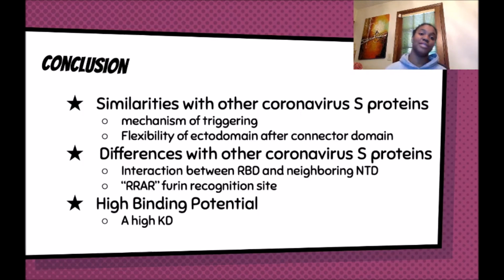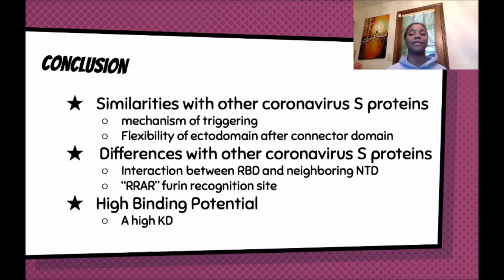From figure 1, you can see similarities with other coronavirus S proteins, specifically that of SARS. Both the mechanism of triggering and the specific regions of flexibility of the ectodomain were found to be conserved among coronavirus S proteins, no matter the coronavirus. From figure 2, we saw differences with other coronavirus S proteins.